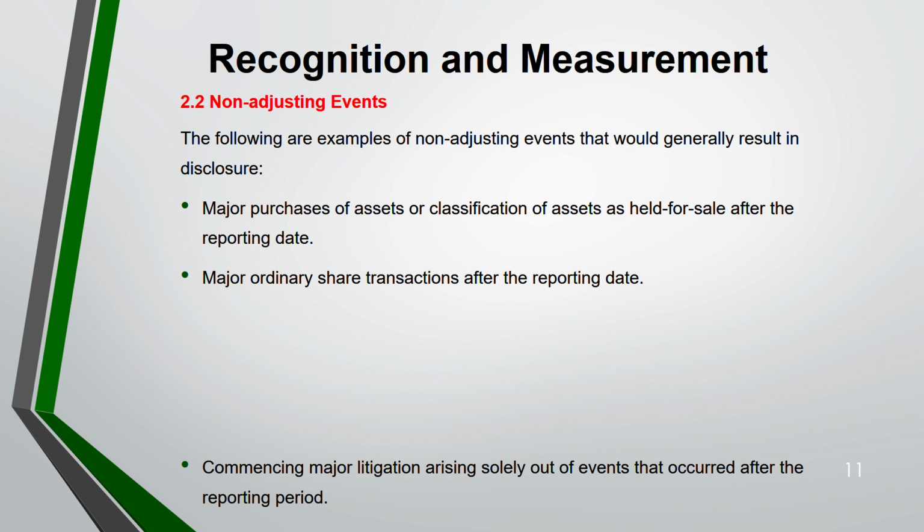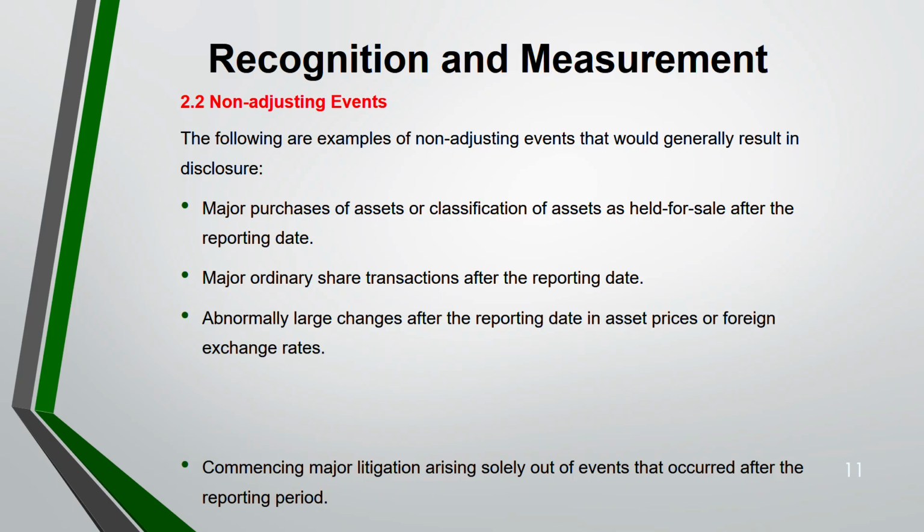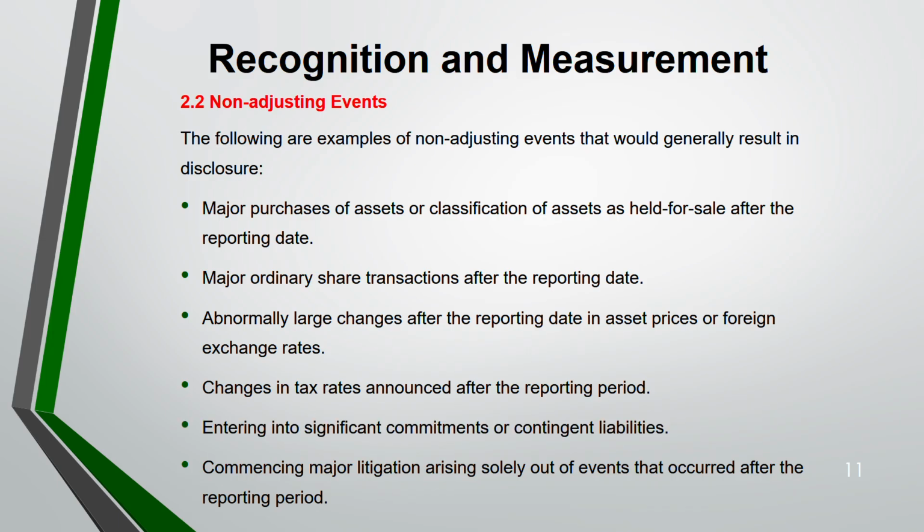Major ordinary transactions after the reporting date. Abnormally large changes after the reporting date in asset prices or foreign exchange rates. Change in tax rates announced after the reporting period. Entering into significant commitments or contingent liabilities. Then commencing major litigation arising out of an event that occurred after the reporting period.